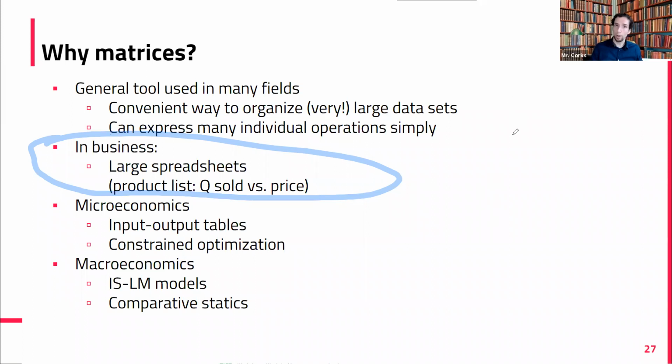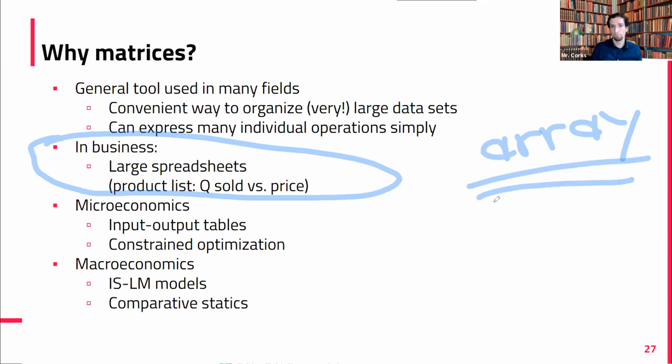If you've ever worked with arrays in a programming language, that's a matrix. You can do all the matrix things with that array. Spreadsheets are basically a giant matrix. It's the math concept turned into a computer program.